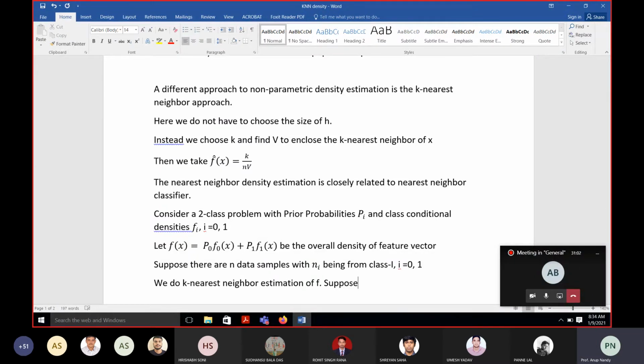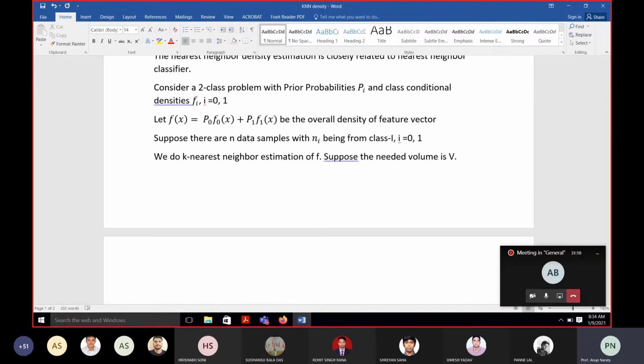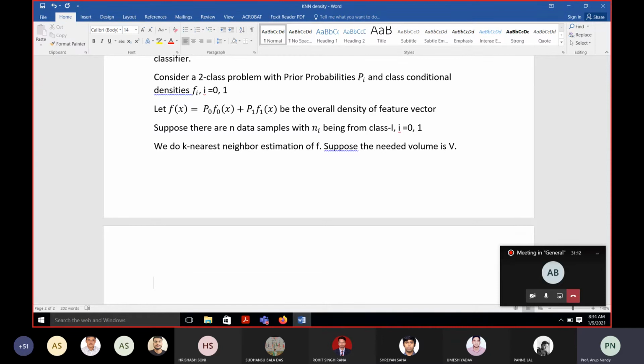Suppose the needed volume is capital V, and this volume is capital V, and suppose in this volume there are ki samples.